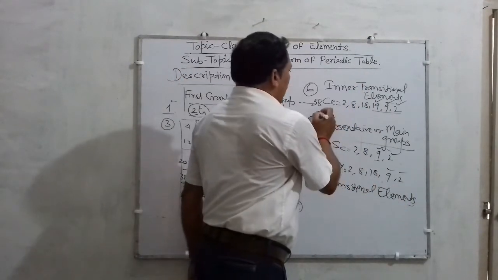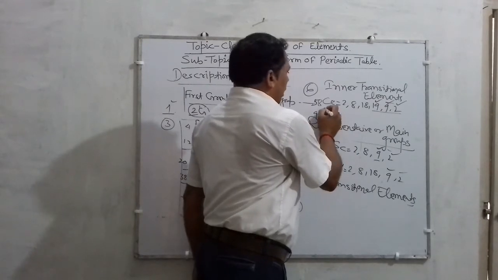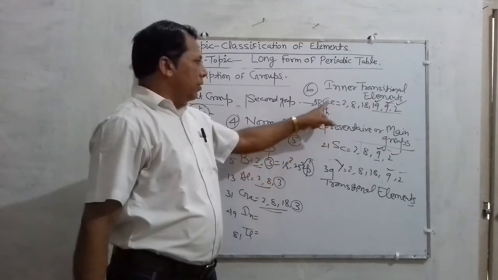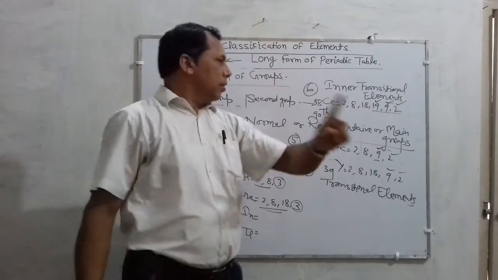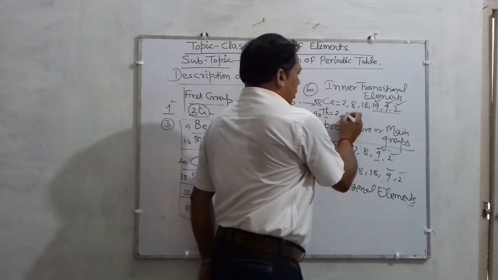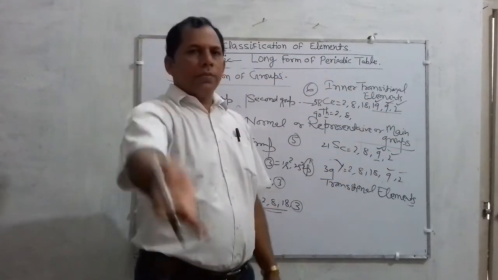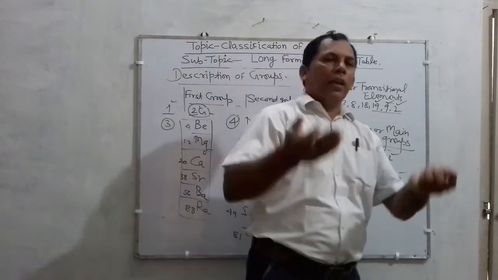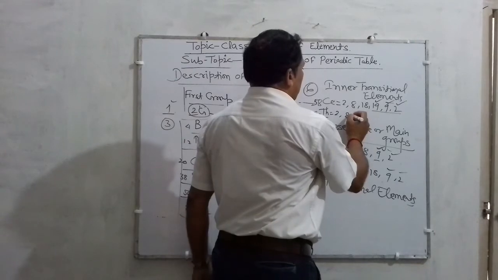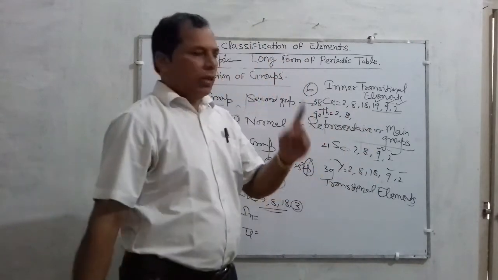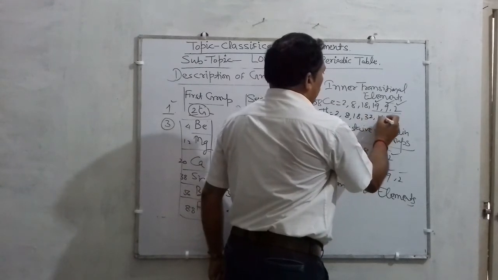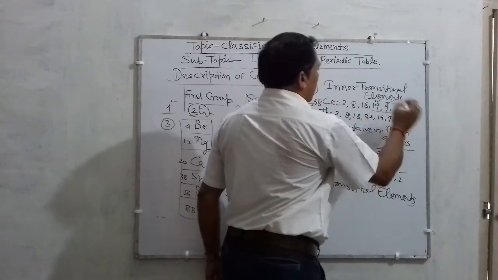Similarly, you can take one element of the actinides, that is thorium. This is cerium of the lanthanides, and this is thorium of the actinides. In the same way, if you write their configuration, the last three outermost cells will show incomplete and they are termed inner transitional: 2, 8, 18, 32, 19, 9 and 2.